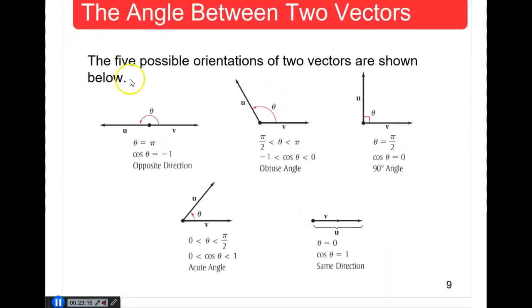So here are 5 possible orientations of vectors depending on their direction. So we could have 2 vectors.